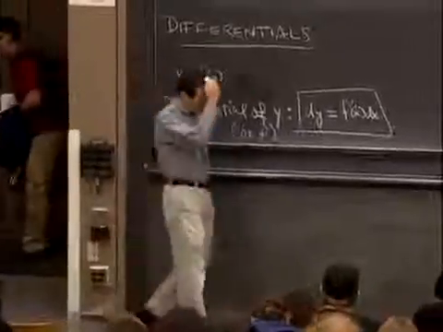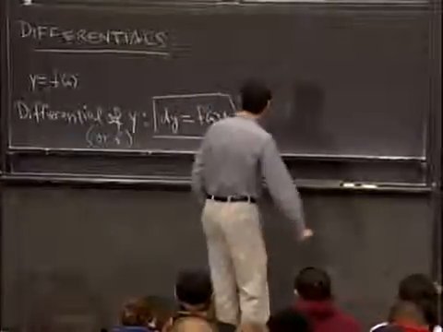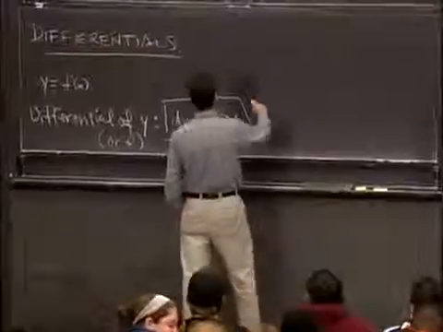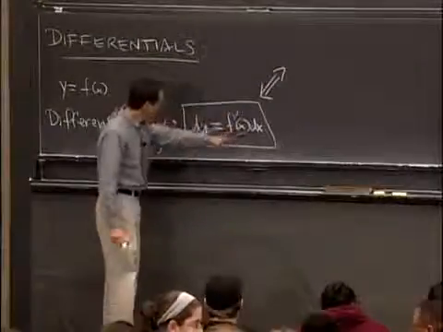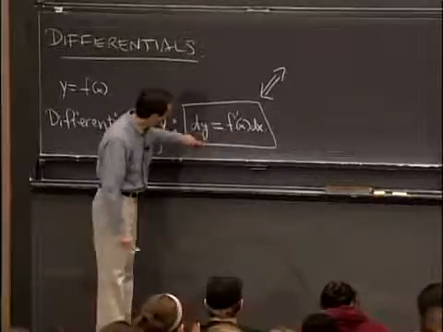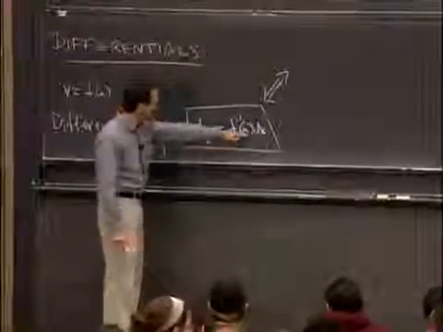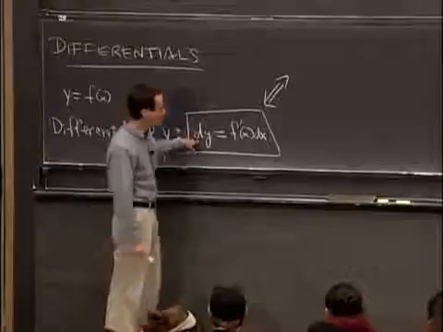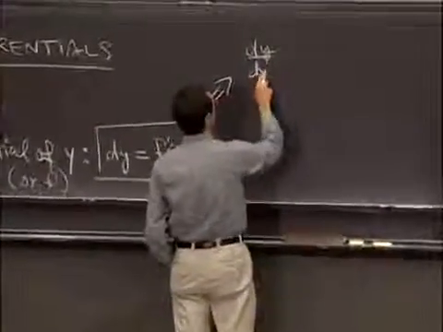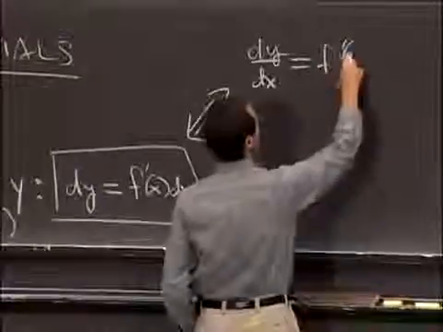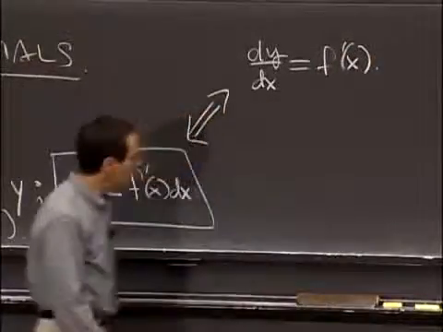Now that's the notation, and it's the same thing as what happens if you formally just take this dx, act like it's a number, and divide it into dy. So it means the same thing as this statement here.